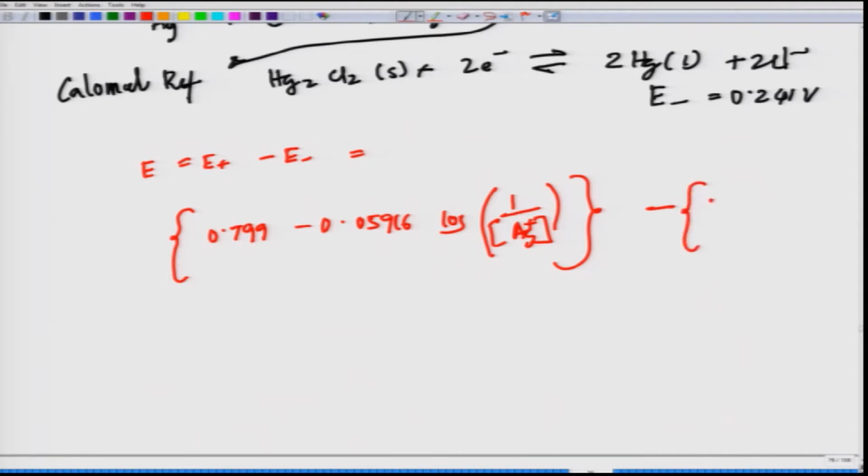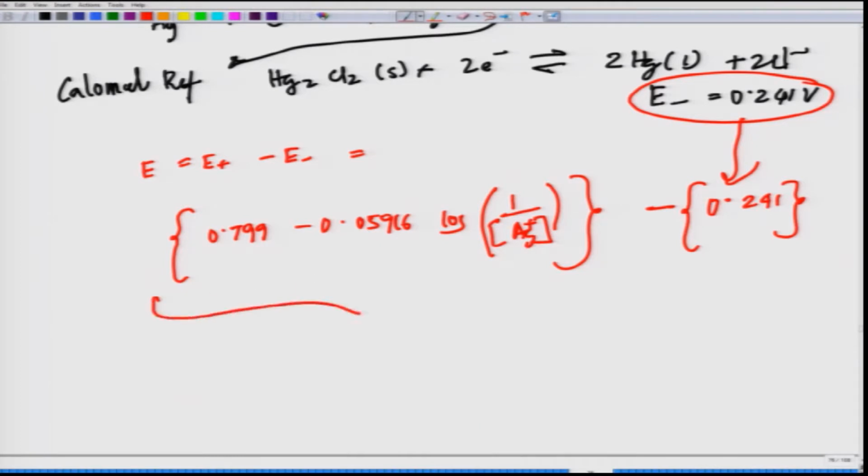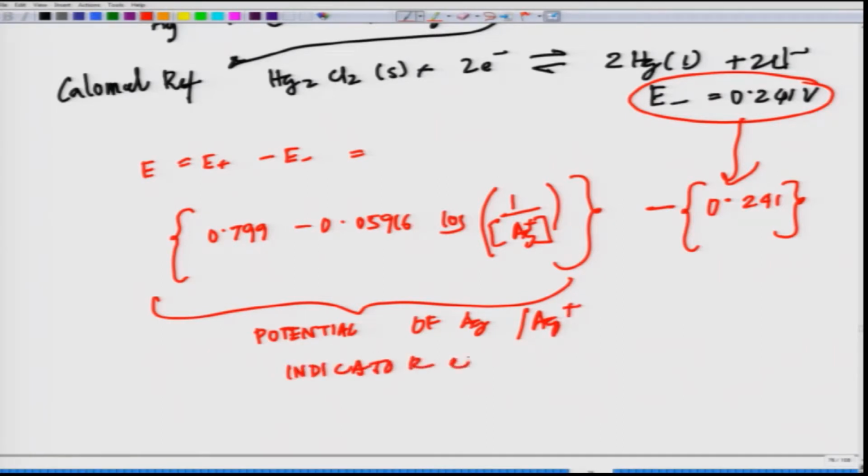minus 0.241, which is the potential of the standard calomel reference electrode, and this is essentially your potential of the Ag plus indicator electrode.